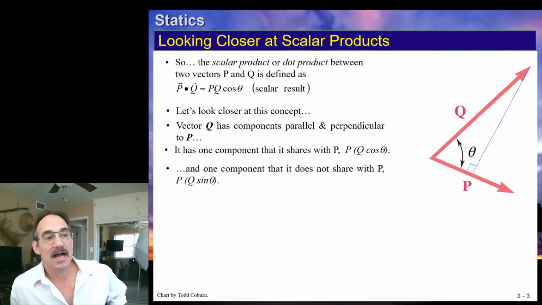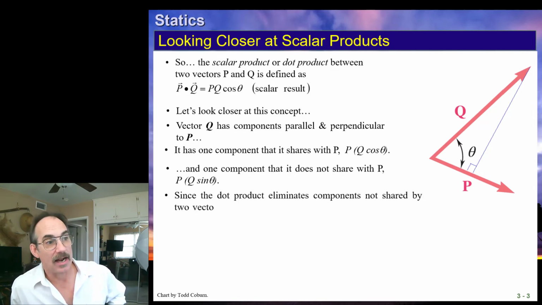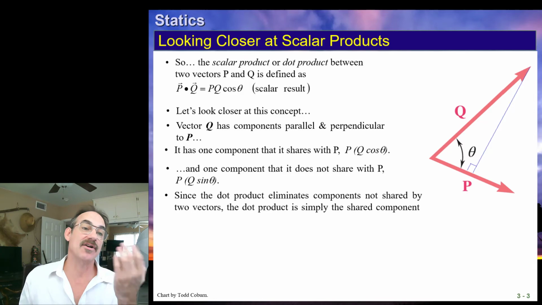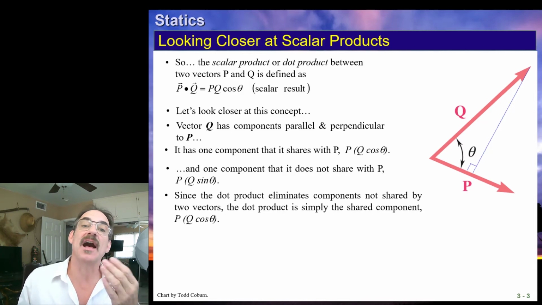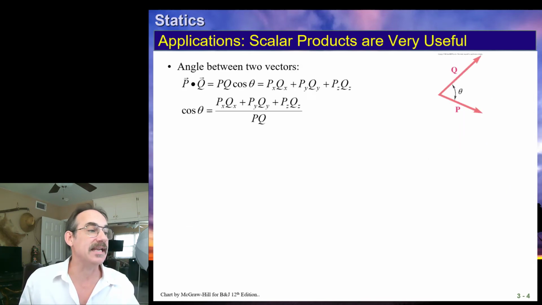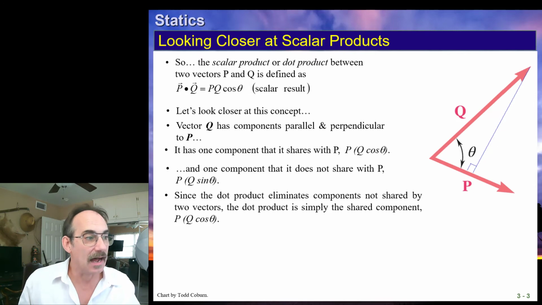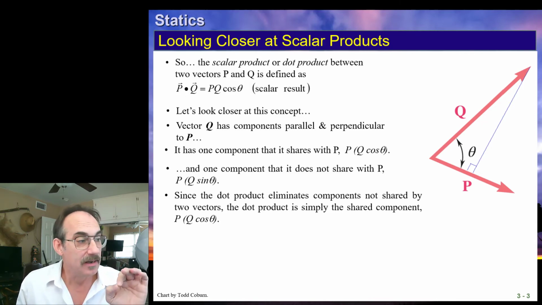So we have one component shared, one component not shared. Since the dot product eliminates components that are not shared and only gives us the components that are shared, we can see that the component, that operation is PQ cosine theta.